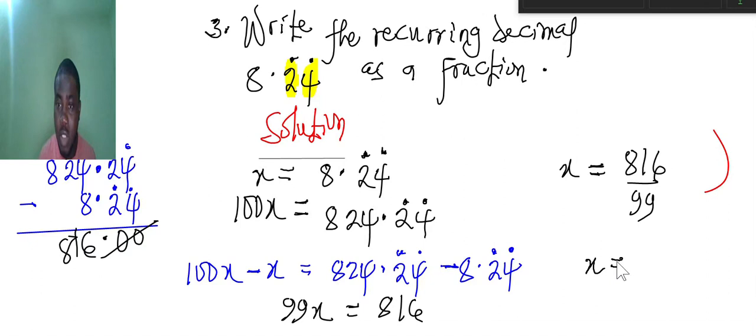So in the smallest fraction, probably you must have divided through by, let's say, 11. 816 divided by 11. No. Or you can just make use of your natural display calculator. I think it's 3. 816 divided by 3, that's 272.